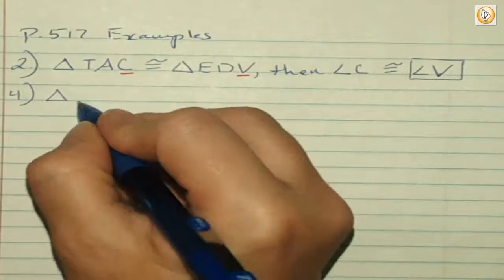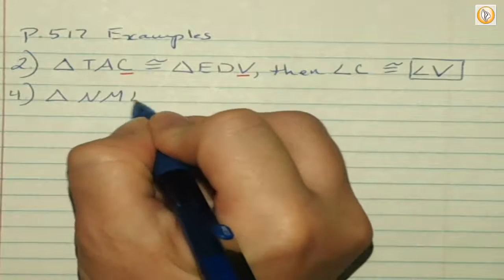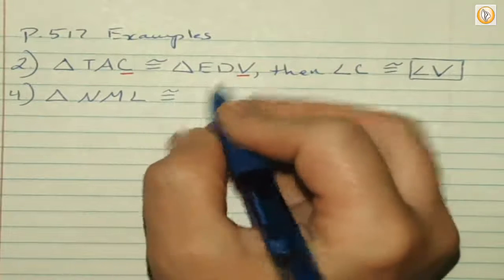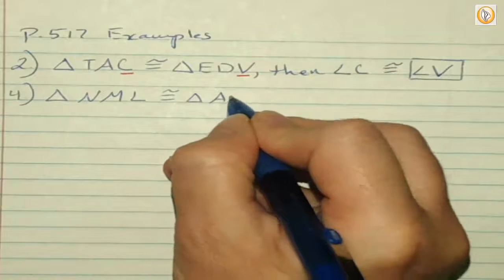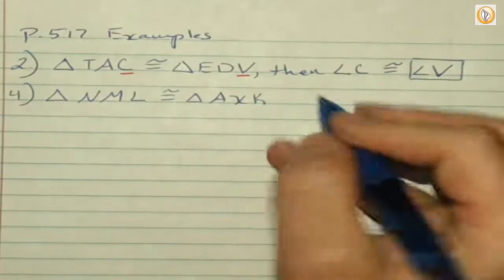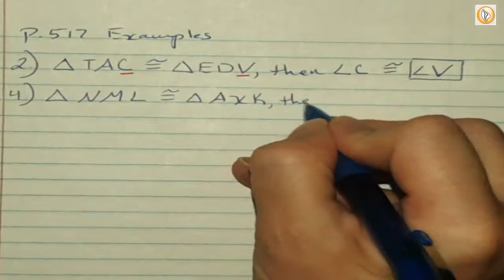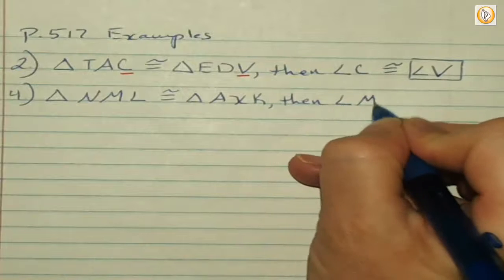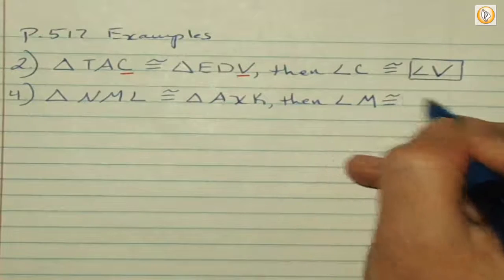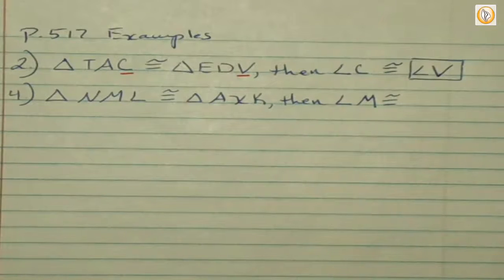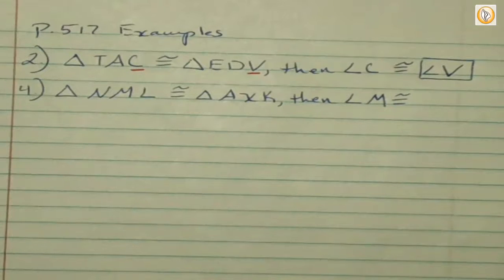Triangle NML is congruent to triangle AXK. Then angle M is congruent to... Cecilia?